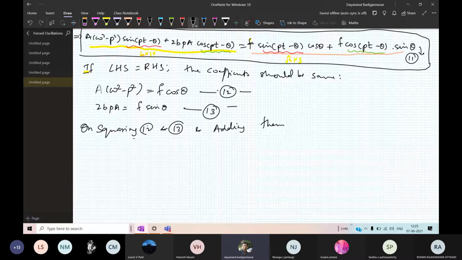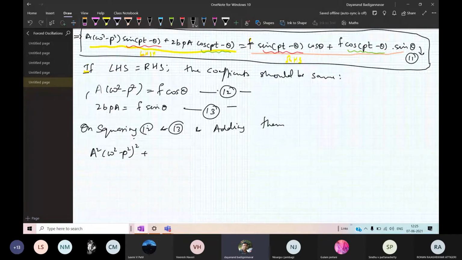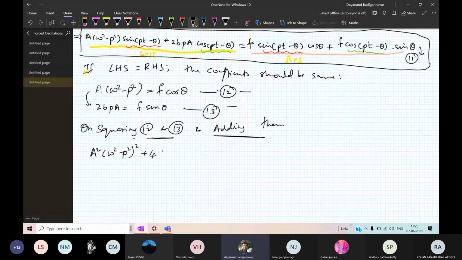So on squaring 12 you get A square times omega square minus p square whole square, plus you add the second term, because squaring and adding, I have to add them. Square of this term is 4 b square p square A square, that is equal to F square.